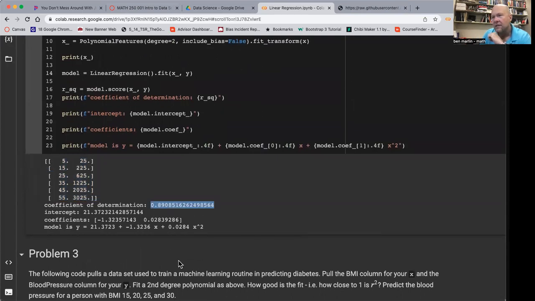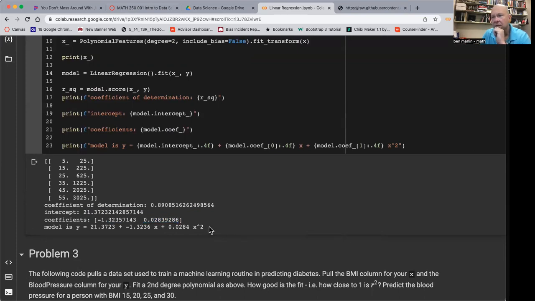And our fit has a 0.8909 for the R squared. That's pretty strong, okay? And then our intercept of 21 point something, and our coefficients here.